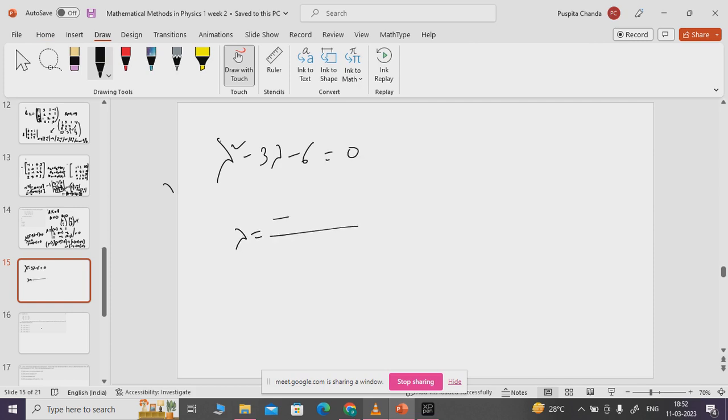According to the rule, lambda is equal to minus b plus or minus root of b square, that is 3 square, minus 4 into a, which is 1, into c, which is minus 6, by 2 into a. So it will be 3 plus or minus root of 24 plus 9, 33, by 2.